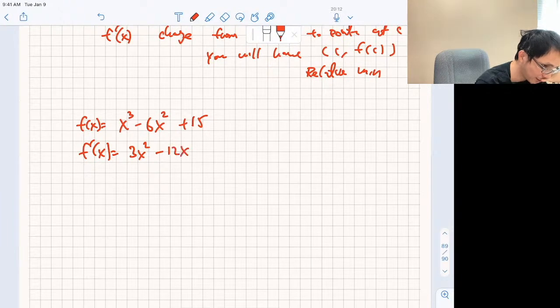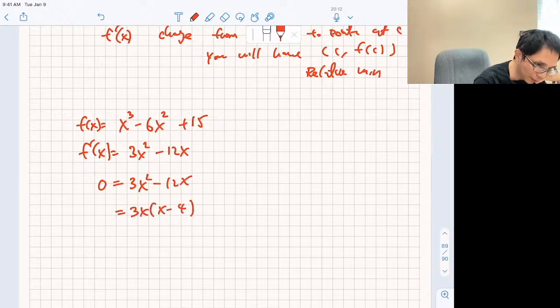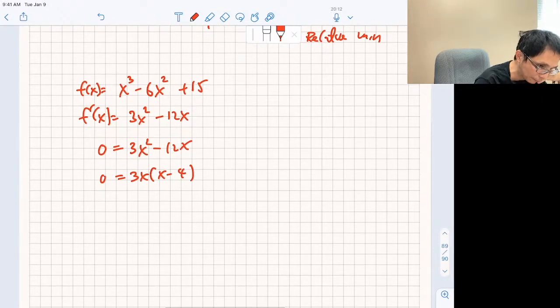So sad. What an idiot. 0 equals 3x squared minus 12x. And take out 3x, that's going to be x minus 4 equals 0. Are we okay here? x is equal to 0, x is equal to 4, right?